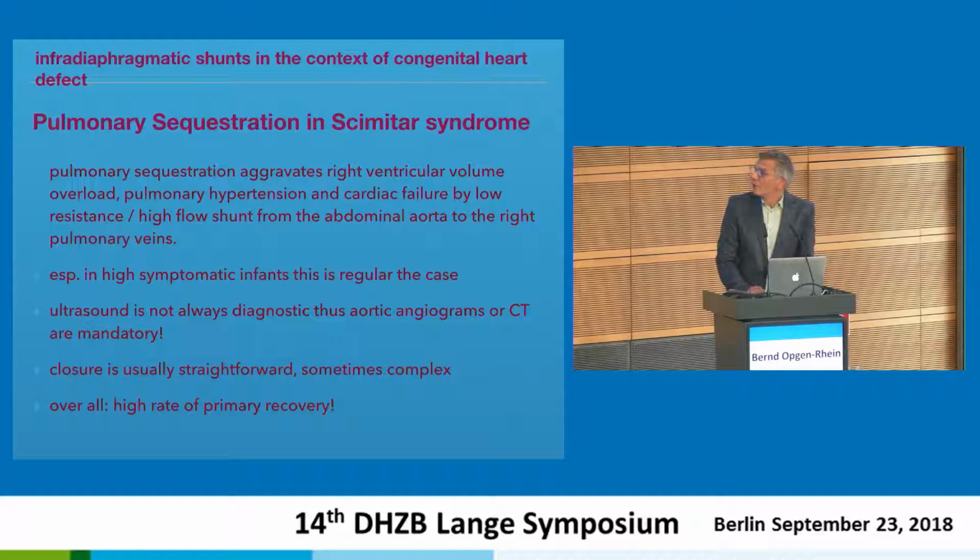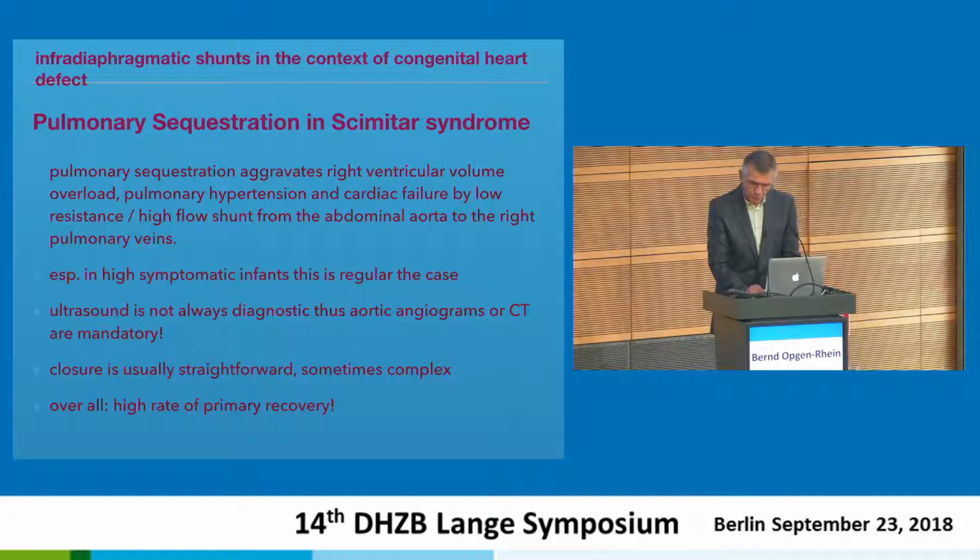Overall, this coil embolization treatment leads to a high rate of primary recovery, and the adult form of the scimitar syndrome can be planned for surgery at a later time.